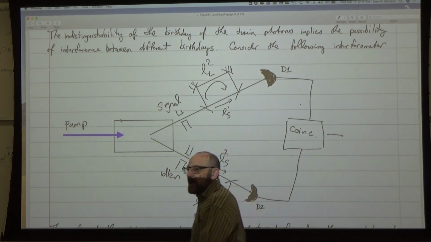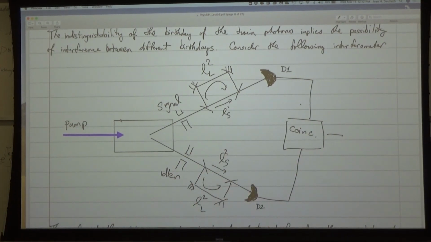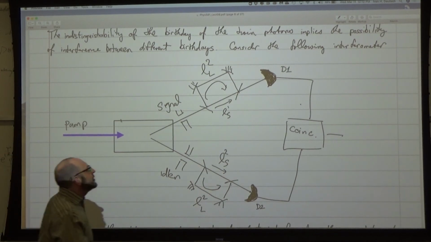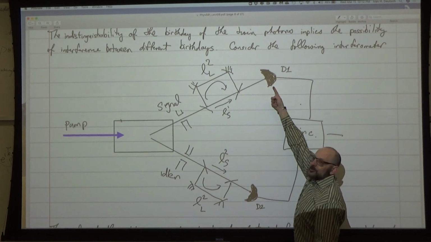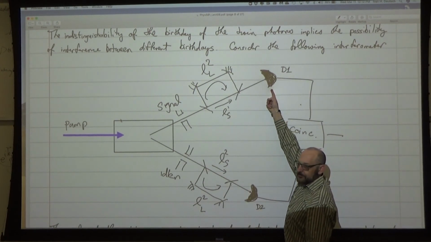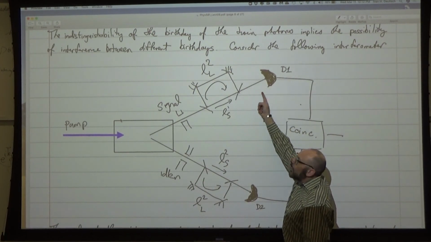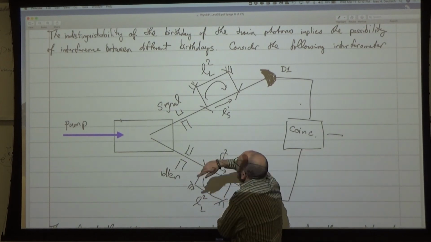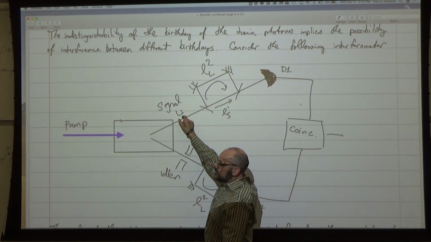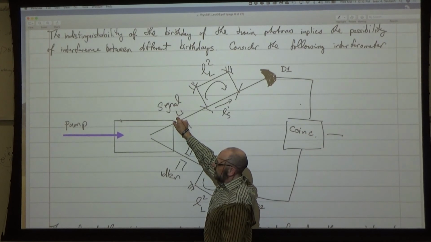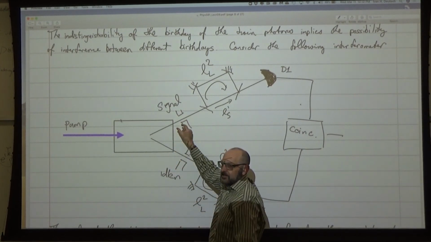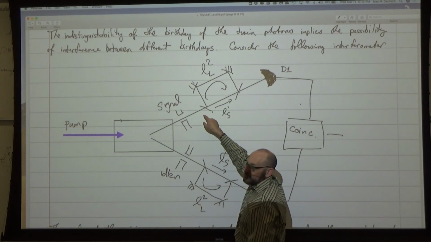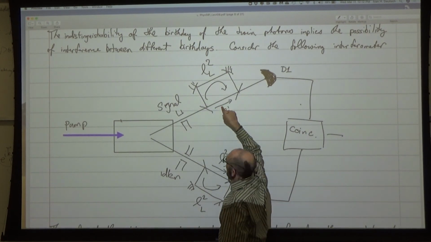So now let me ask you the following question. If I just look at the singles, that is to say, I look at the number of counts on this detector, and the coherence length of this photon, that is to say, the length of the photon, is much shorter than the path difference.